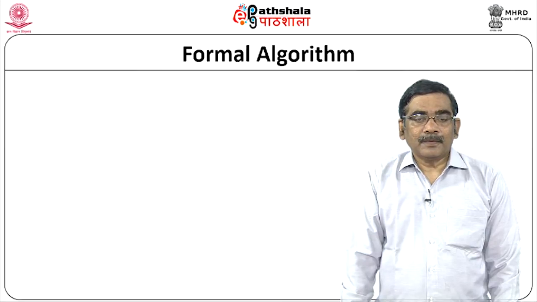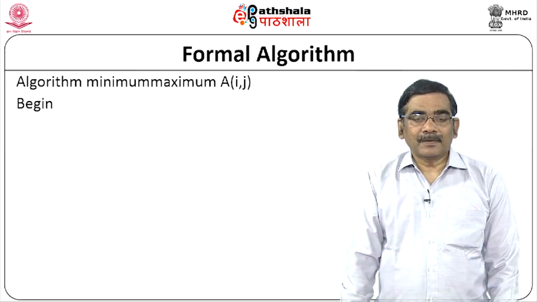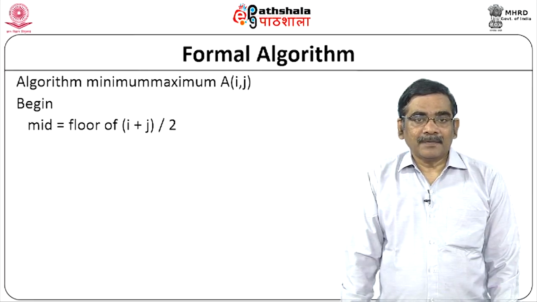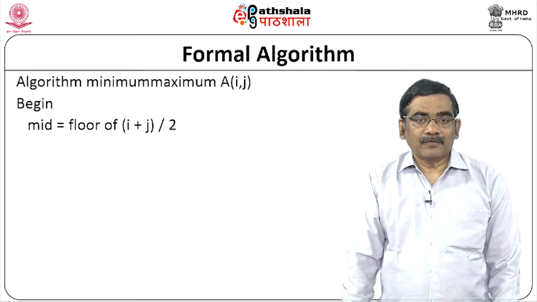So, this is how the formal algorithm will look. I was telling you that writing algorithms using divide and conquer is very easy, because most of the algorithms take the recursive form. So, I am writing the algorithm maximum and minimum. I am taking the array, and i and j are indices. I am trying to divide the array approximately into two groups using the middle element. The middle element is going to be the floor of (i plus j) by 2.